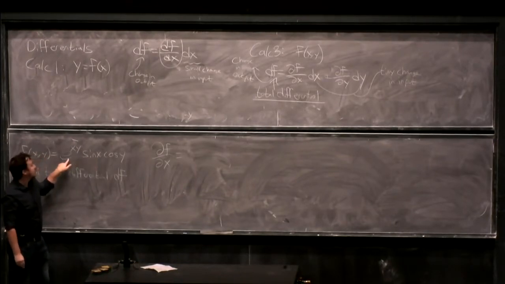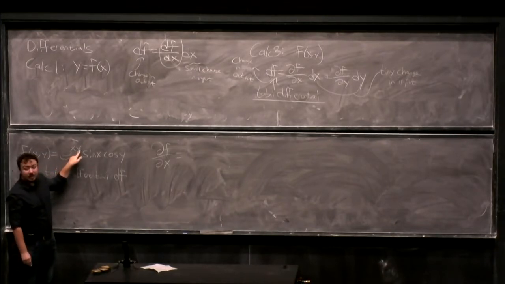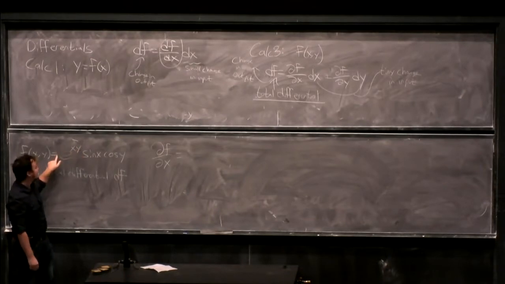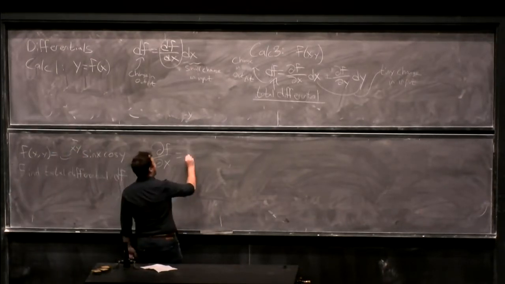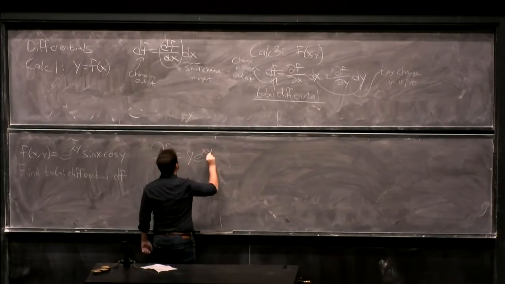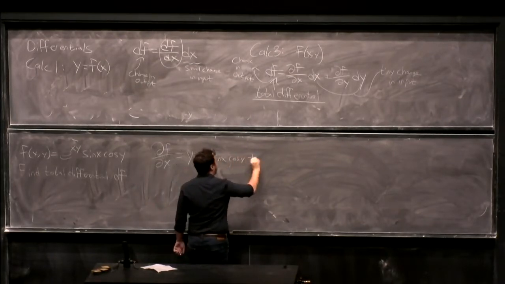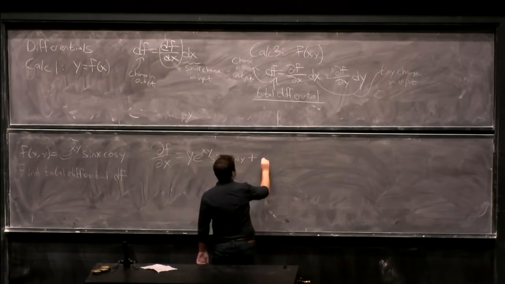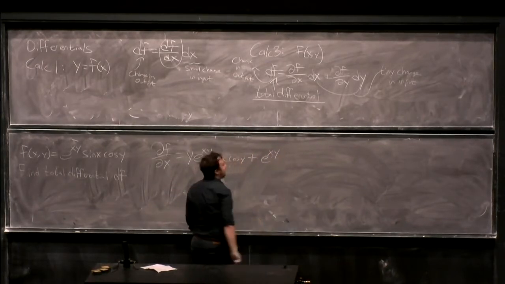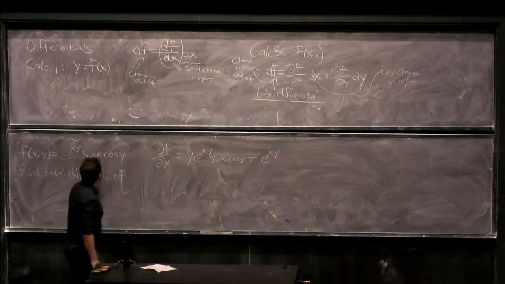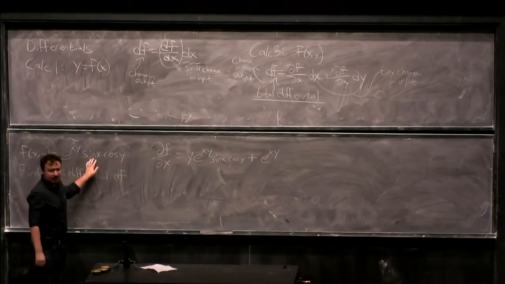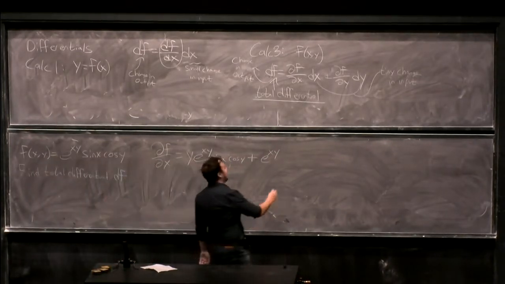So first I'm going to take the derivative of e to the x y. And since y is a constant in the exponent of my exponential function, it'll come down here. So I have y e to the x y. I leave everything else alone. And then now I leave my e to the x y alone, and I take the derivative of sine of x, which will be cosine of x.